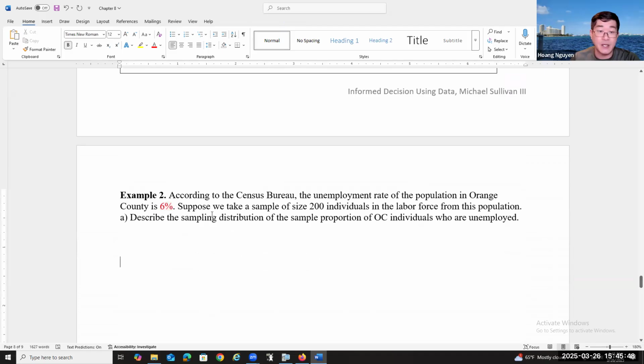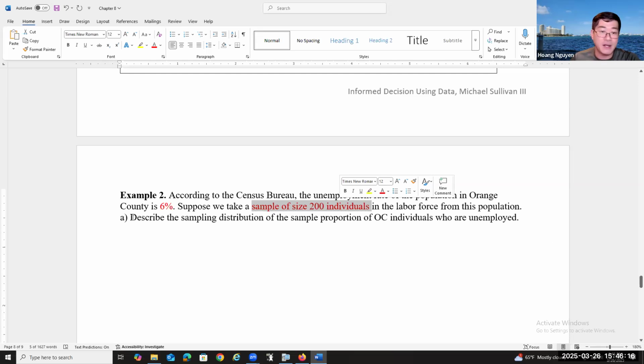Now, suppose that we take a random sample of 200 individuals in the labor force from this population. Now describe the sampling distribution of the sample proportion of OC individuals who are unemployed.